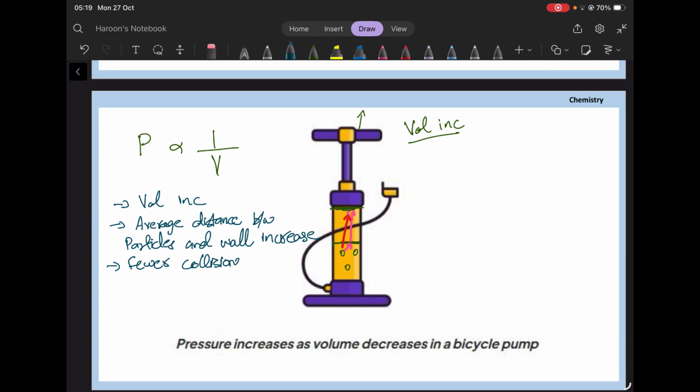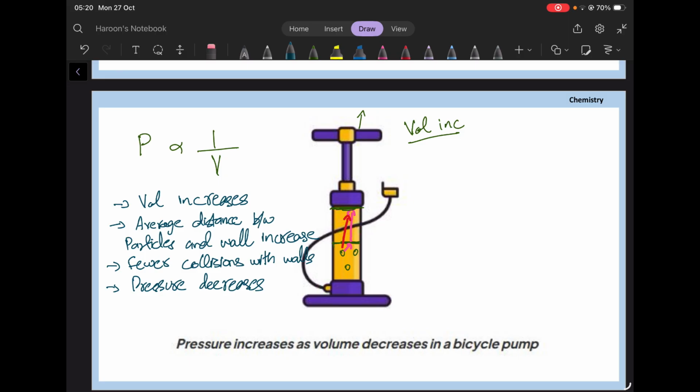And when we have fewer collisions with the walls of the container, pressure decreases. So you can see I increased my volume, and at the end my pressure decreased. So it is an inverse relationship: an increase in one caused a decrease in the other.